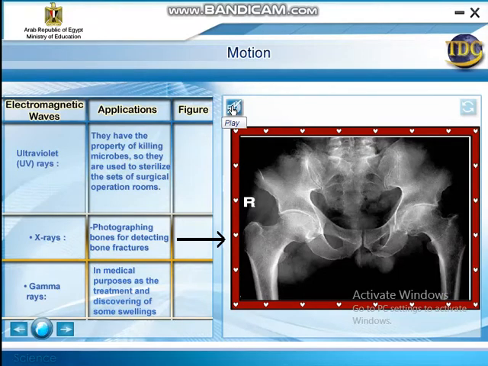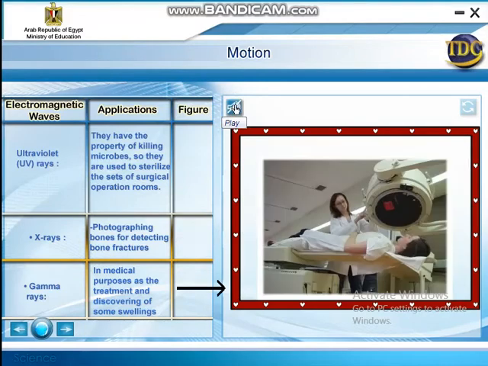Number 2, X-rays. They are used in photographing bones for detection of bone fracture. Number 3, gamma rays. They are used in medical purposes such as treatment and discovering of tumor or some swellings.